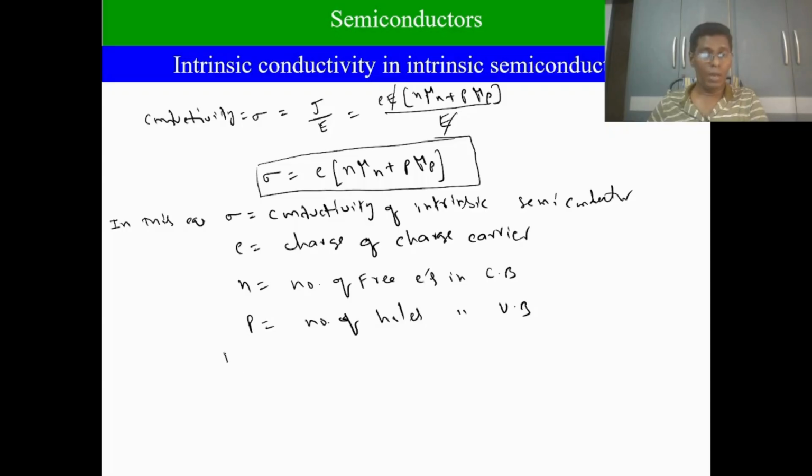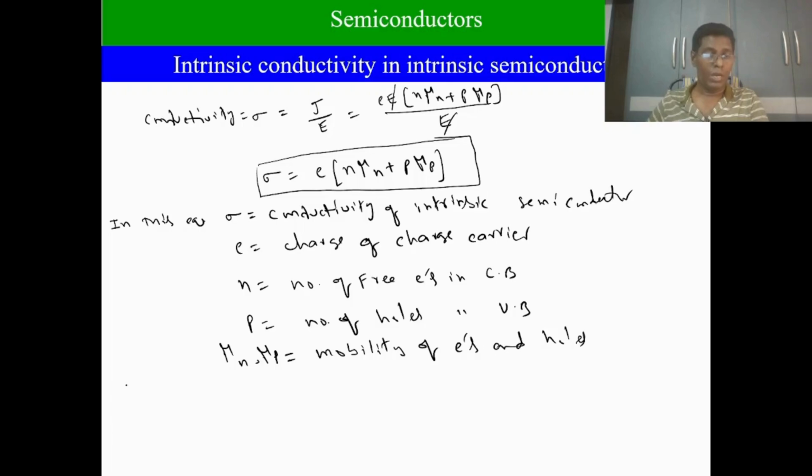Two more terms are in the above equation, mu n and mu p. What is the meaning of mu n? Mobility. Mobility of electrons and holes. This is about the above equation.